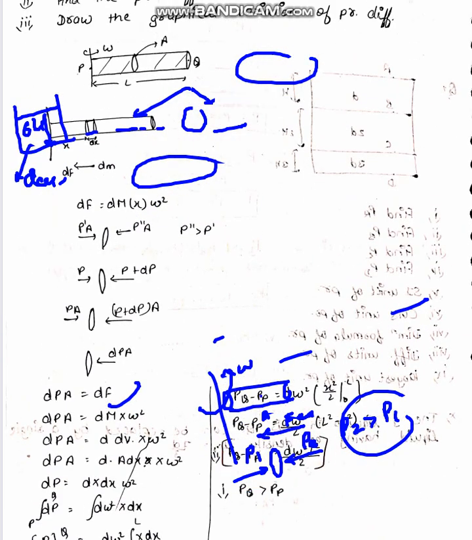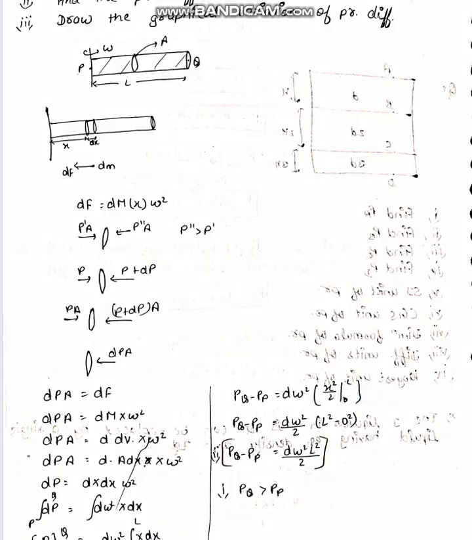Let's assume that there is an element of length dx and this element is moving. If we consider pressure on the left as P and on the right as P plus dP, the net force will be dP into A, and the concept here is that this net force will provide the centripetal force necessary for the rotation of the elemental part.